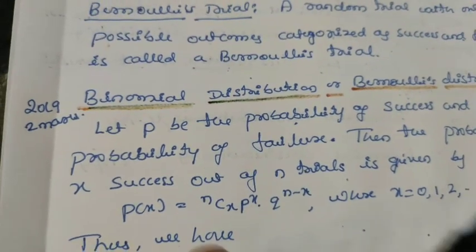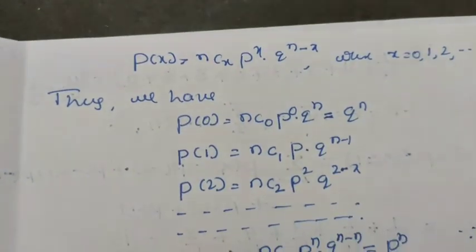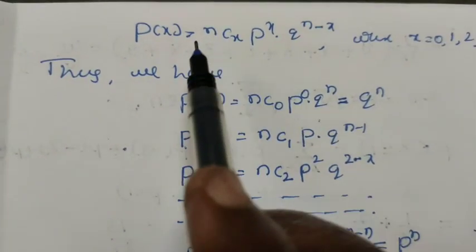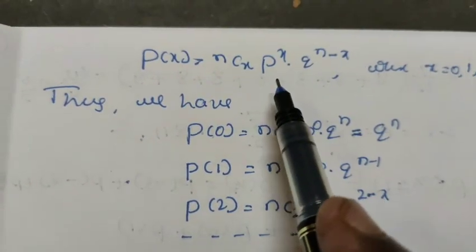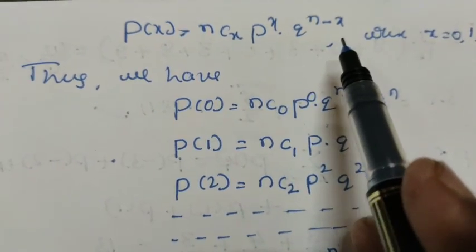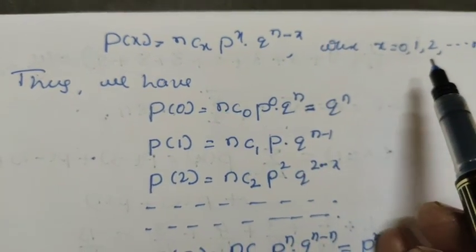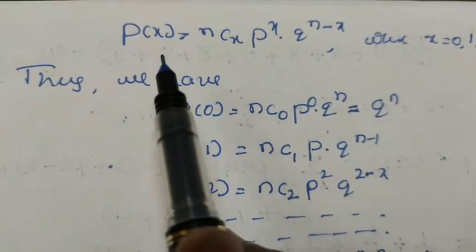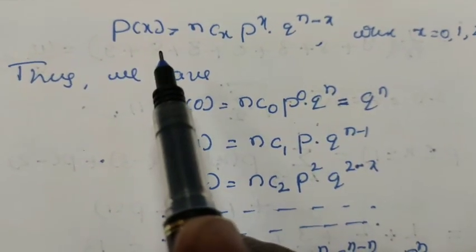Then we have P of x equals nCx p raised to x q raised to n minus x, where x is 0, 1, 2, 3 up to n. Let us substitute x equals 0, 1, 2, 3 and so on.